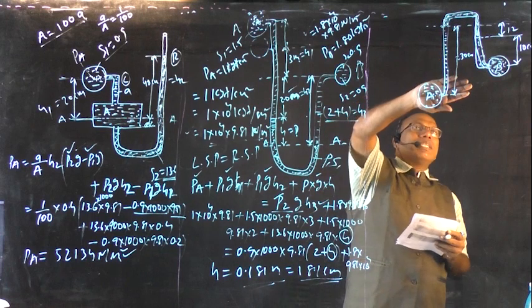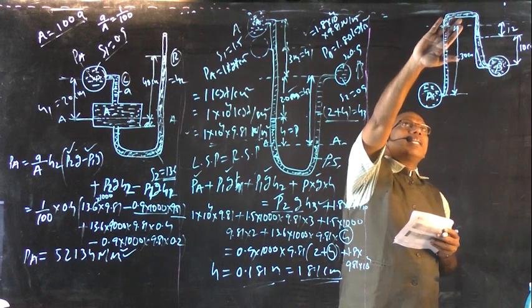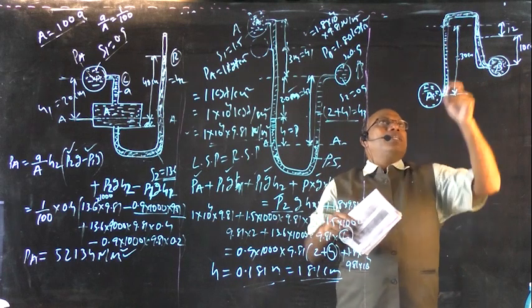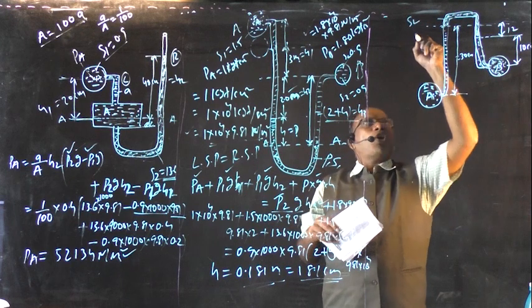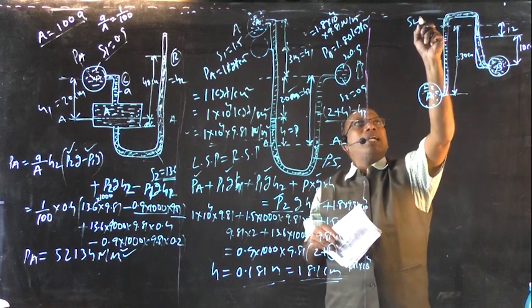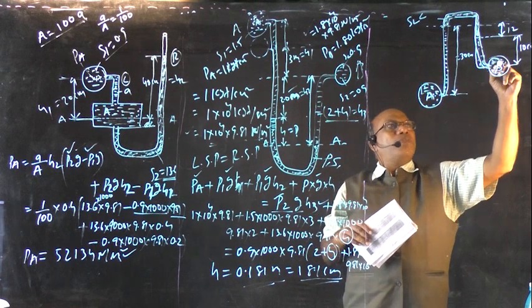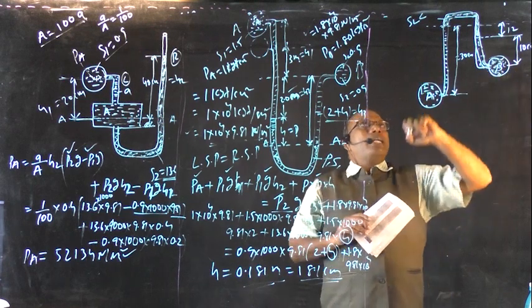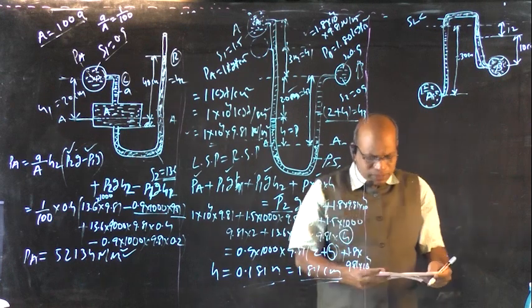In this case, inverted differential manometer, we are going to take the manometer liquid as the light liquid. That means the specific gravity of the manometer liquid is less than the liquid flowing in the pipe A and the liquid flowing in the pipe B. Right? That is denoted by SL. Okay. Right.